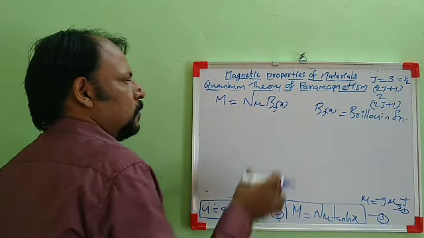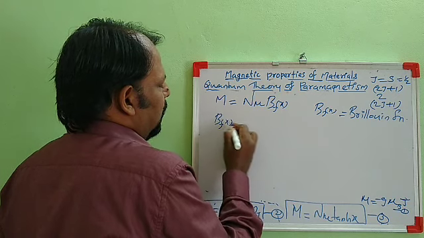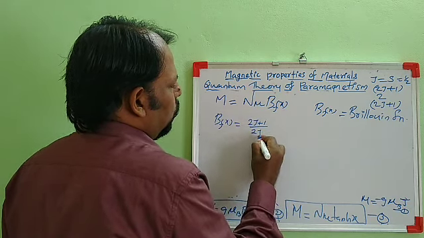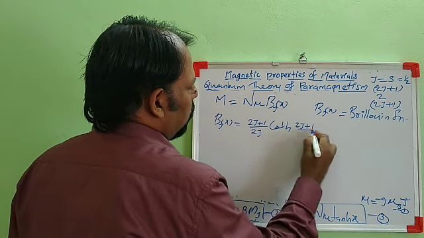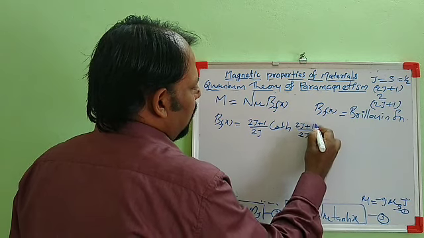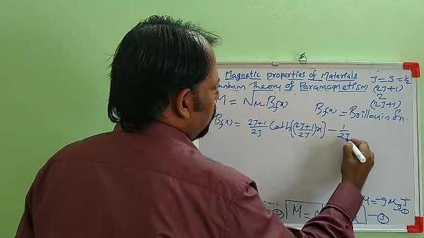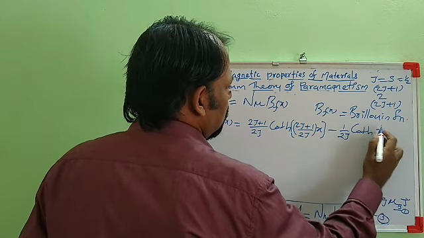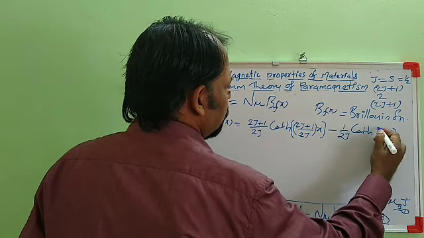So this Brillouin function is given by B_J(x) equal to (2J plus 1)/2J coth((2J plus 1)/2J x) minus 1/2J coth(1/2J x).